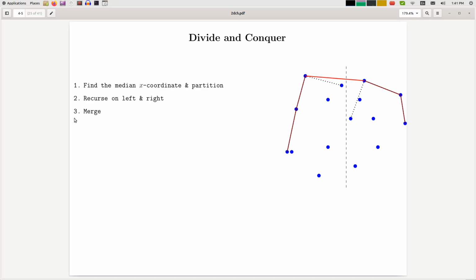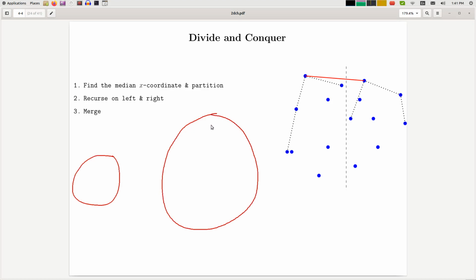Okay. The first observation that we can make here is that merging is equivalent to finding a common tangent between these two upper hulls. In general, when you have convex shapes, so let's say you have a convex shape like this and another convex shape like this, you could define four common tangents between them.